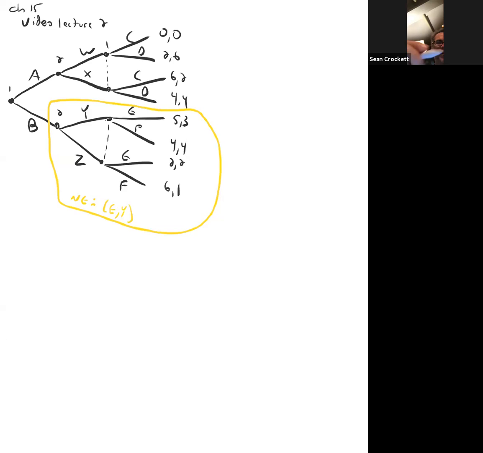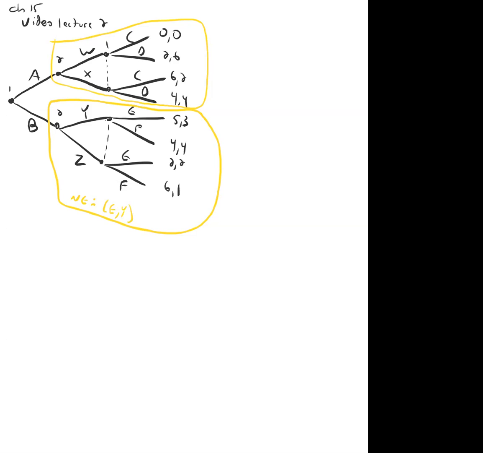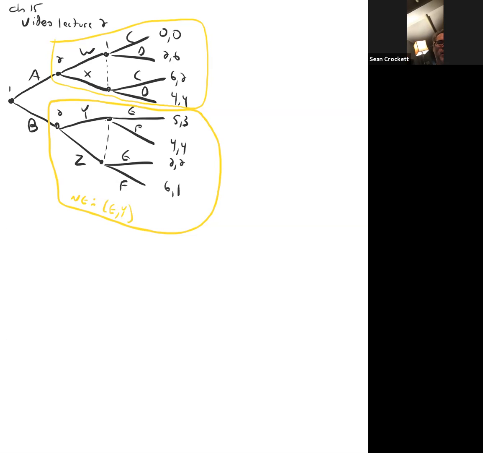So the Nash equilibrium in the bottom is EY. The Nash equilibrium in the top is there's 2 pure strategy equilibria. One of them is DW and the other one is CX. So CX and DW. Okay.